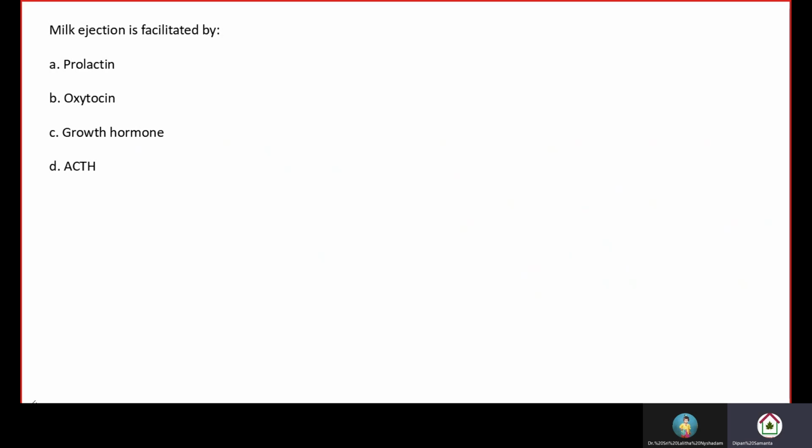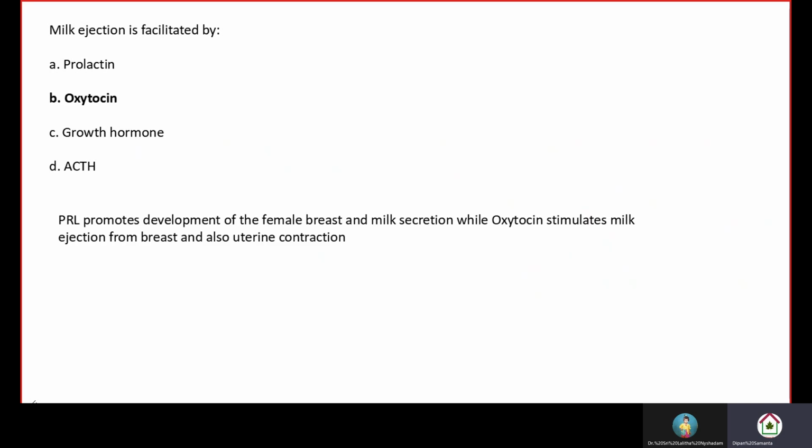Milk ejection. Now next, milk ejection is facilitated by prolactin, oxytocin, growth hormone, ACTH. It will be oxytocin. Two points about milk ejection. Number one, two hormones are related. One is prolactin, another is oxytocin. Very simple.